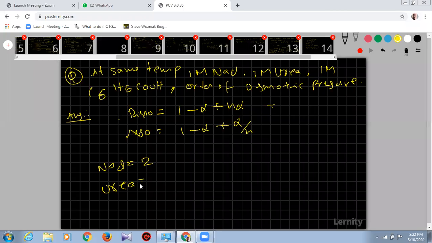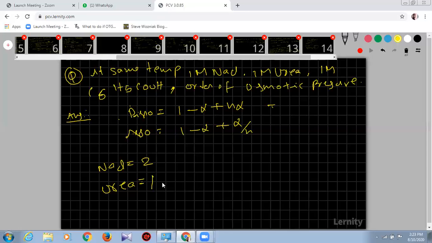Urea, NH2CONH2, will neither dissociate nor associate. Urea never undergoes dissociation. So if any molecule neither dissociates nor associates, what is the i value? You can take 1.